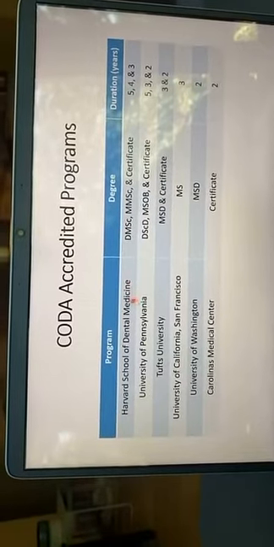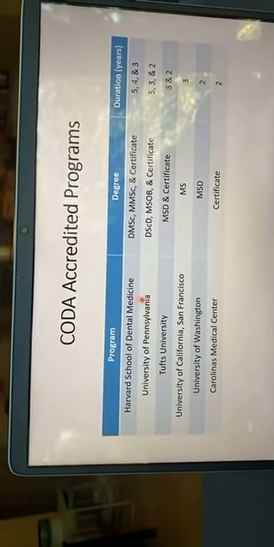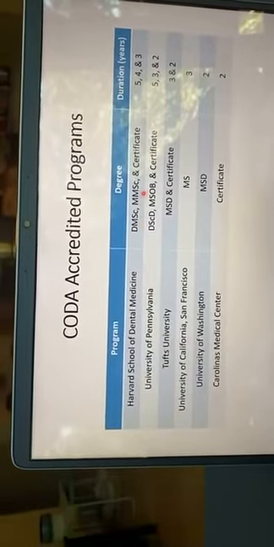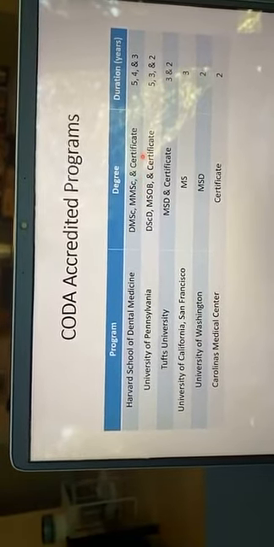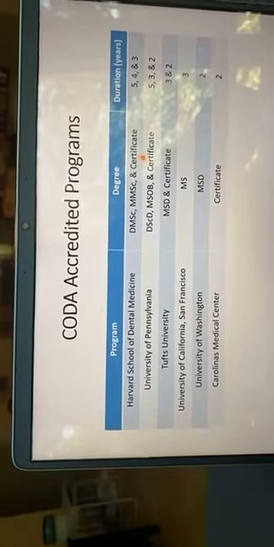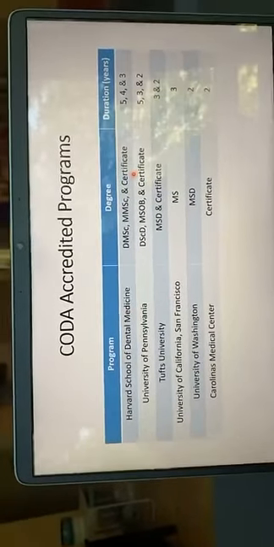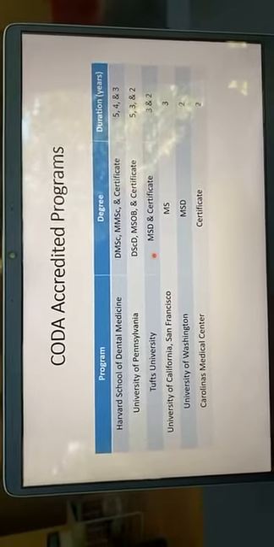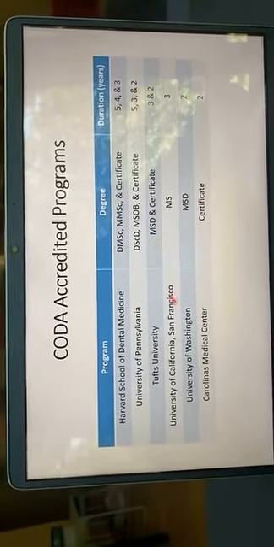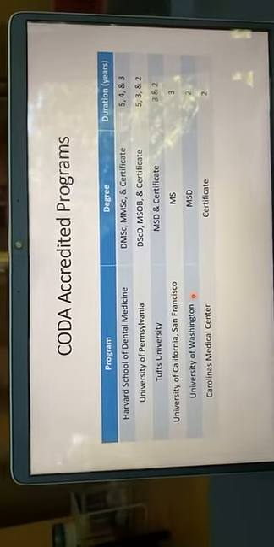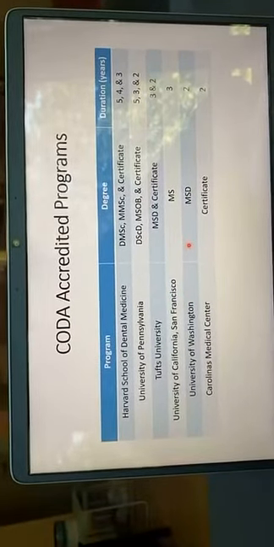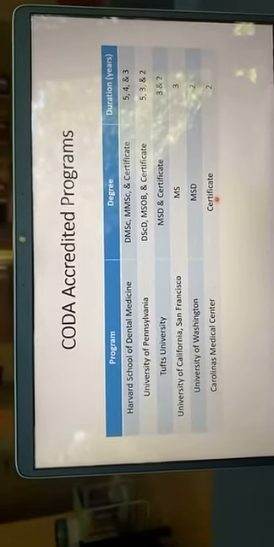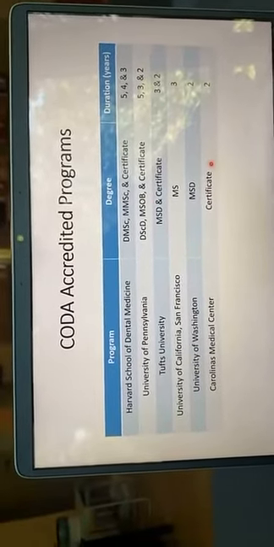So مثلا the top two here, Penn and Harvard, they offer DMSc اللي هو الدكتوراه، MMSc Masters and Certificate اللي هو فقط residency من غير درجة أكاديمية. طبعا بالنسبة إلى Tufts they have the Masters and Certificate. UCSF and Washington, it's mandatory to do the master's degree with your residency. Carolinas فقط عندها a 2-year residency program.